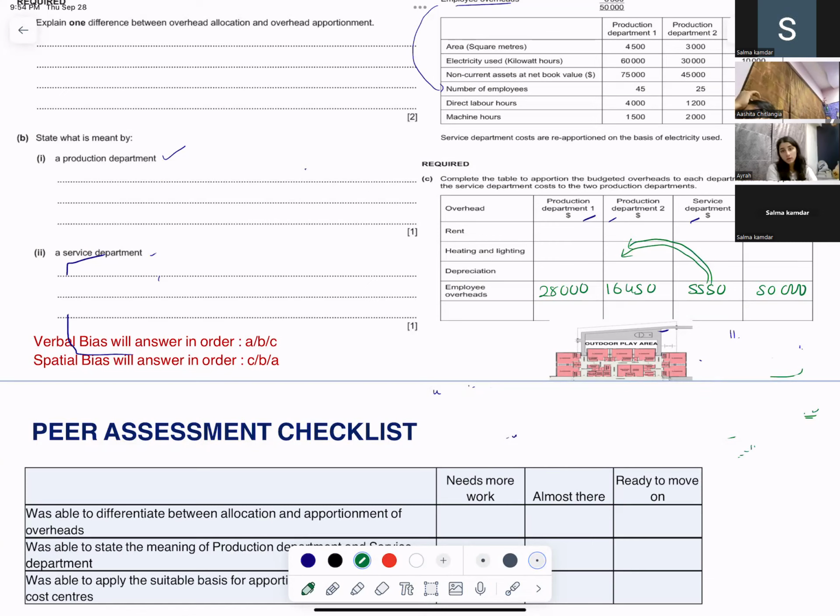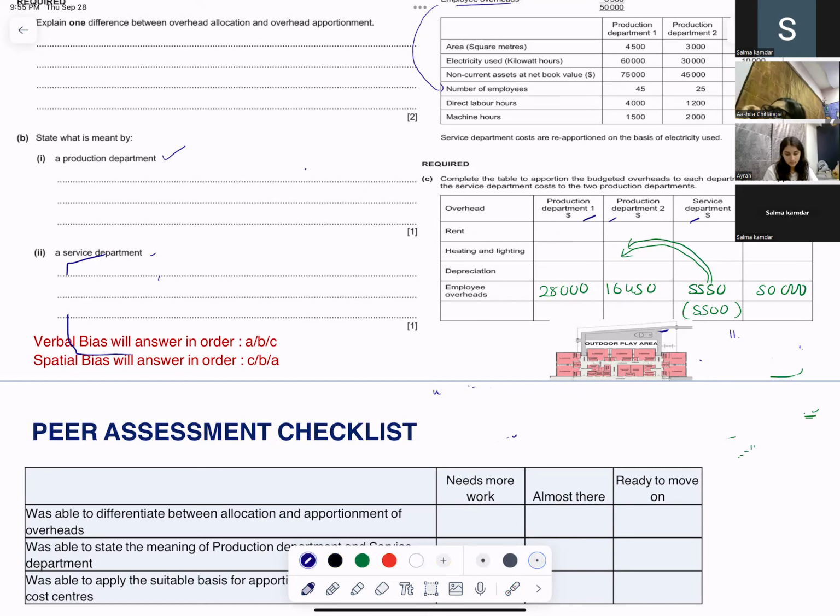Can they say that? So that means this 5550, the expense of the service department, I will subtract from the service department and distribute it amongst the production departments on a suitable basis.